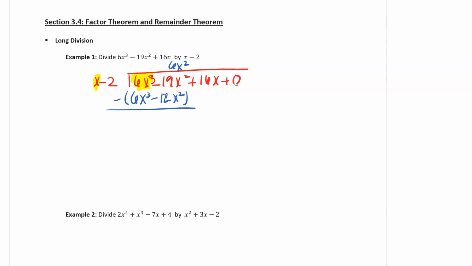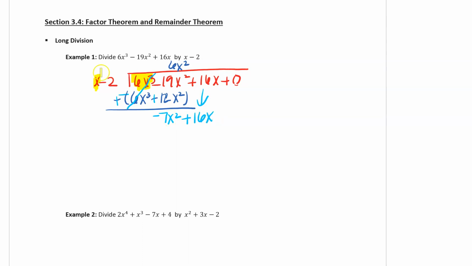Now I'm emphasizing subtracting this whole thing, and so I want to change all the signs because my goal was to get exact terms so that when I subtracted it, 6 minus 6 would cancel, and then I can work my way down from there. So negative 19x squared plus 12x squared would be negative 7x squared. And then bring down the next term, so plus 16x.